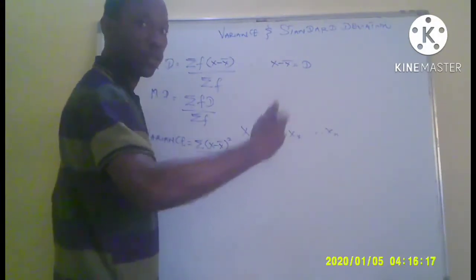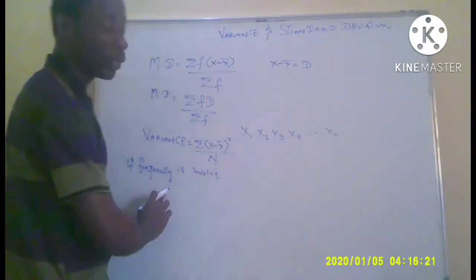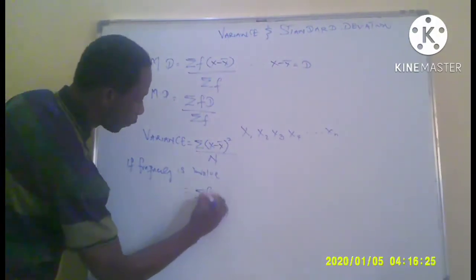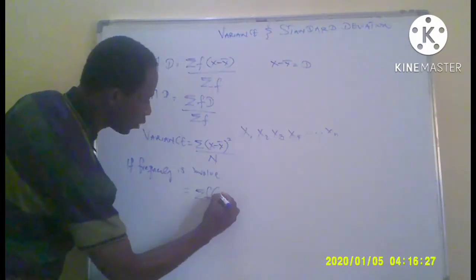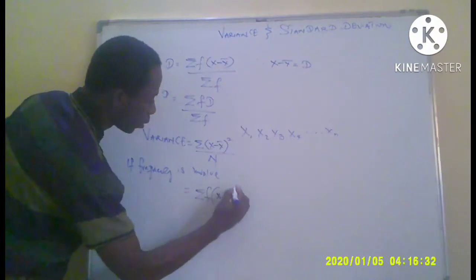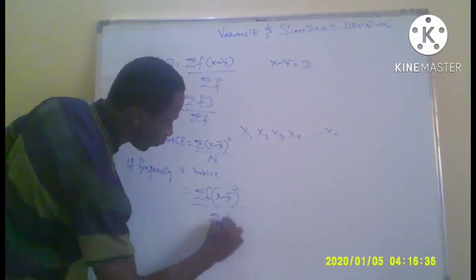At that point each occurs more than once, and we have frequency. If frequency is involved, the variance is going to be the sum of frequency into bracket the square of the deviation, which is x minus the mean squared, all over the sum of frequency.